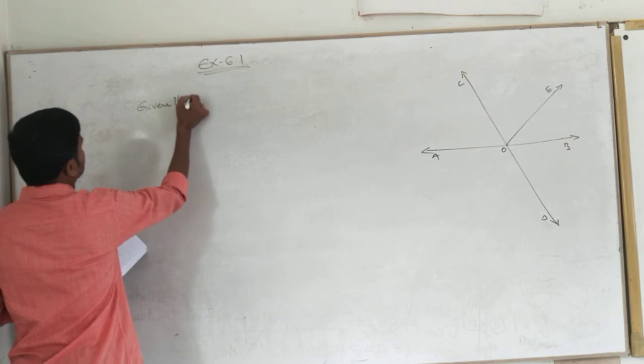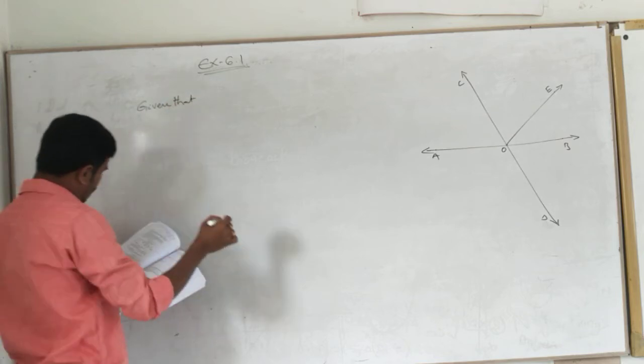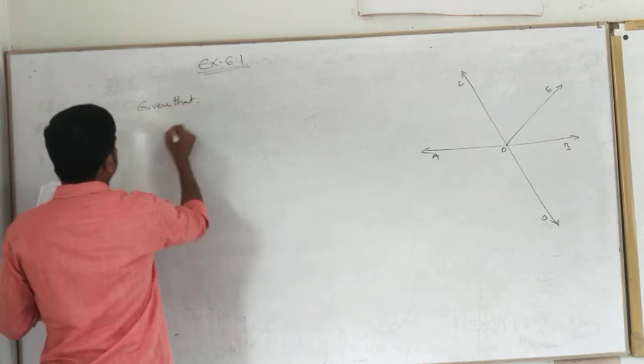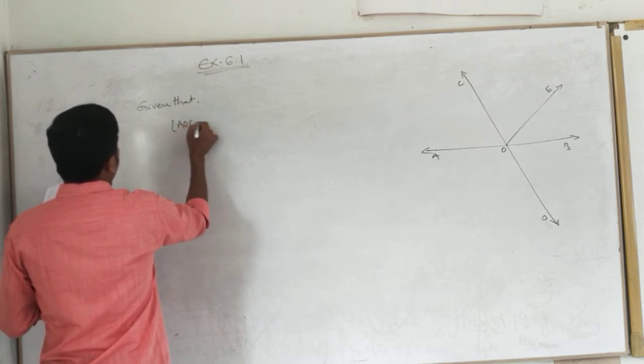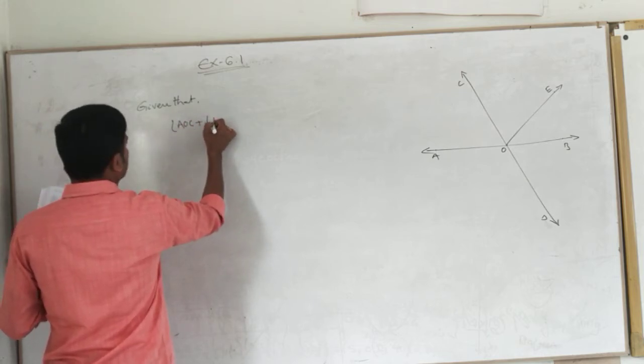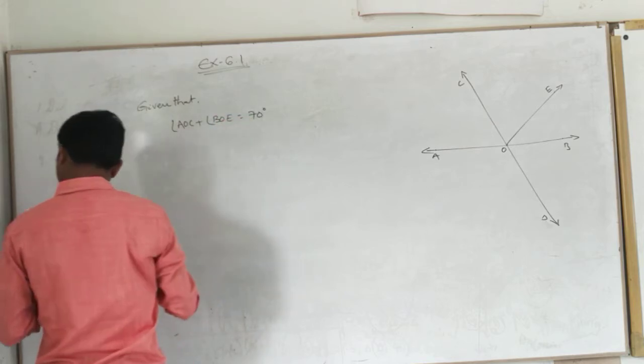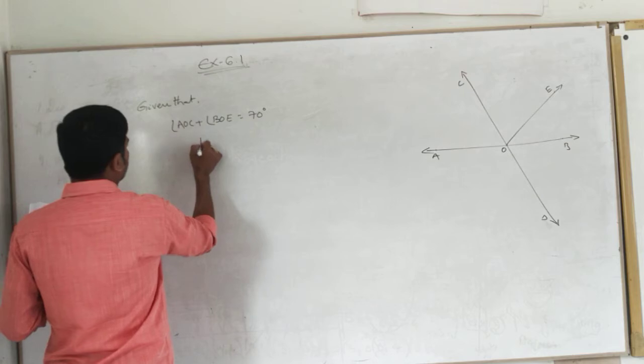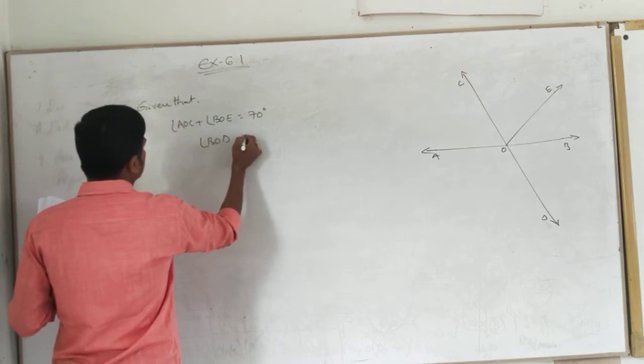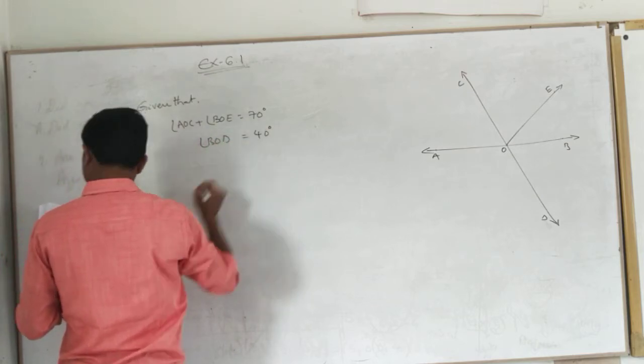In this diagram, what is given? Given that angle AOC plus angle BOE equals 70 degrees, and angle BOD equals 40 degrees.